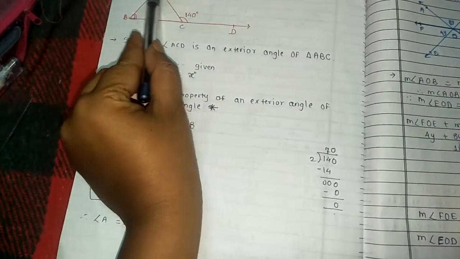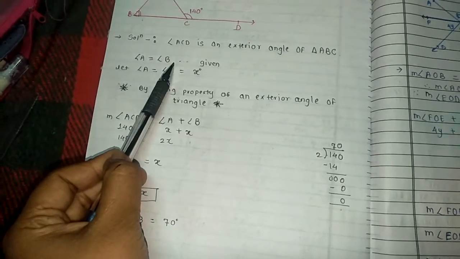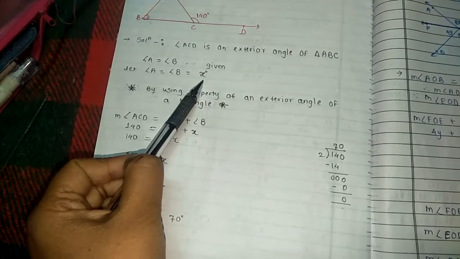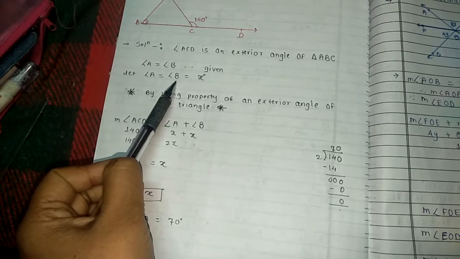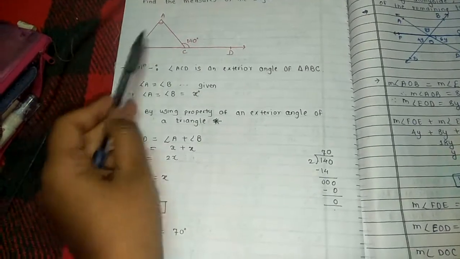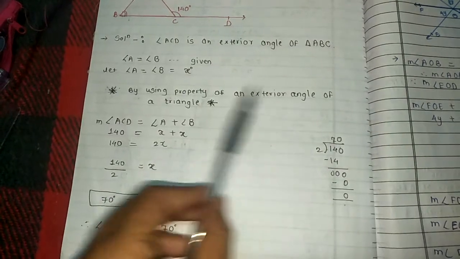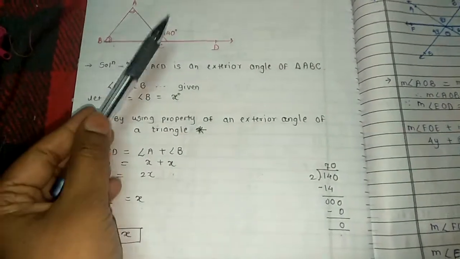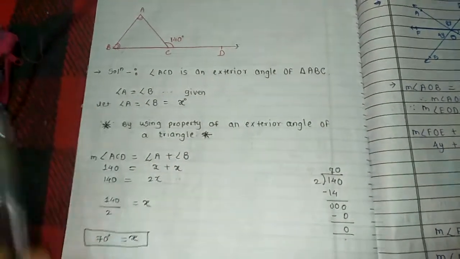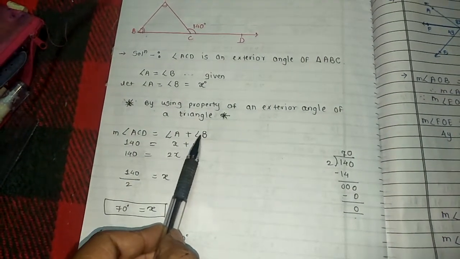After that they are saying the measures of angle A and B are equal, so therefore angle A is equal to angle B. But that we have to find out, so we assume the measure of angle A and B is x degrees. The exterior angle is given and these two remote interior angles are there. So by using the property of an exterior angle of a triangle, the measure of angle ACD is equal to angle A plus angle B. That only I wrote here.